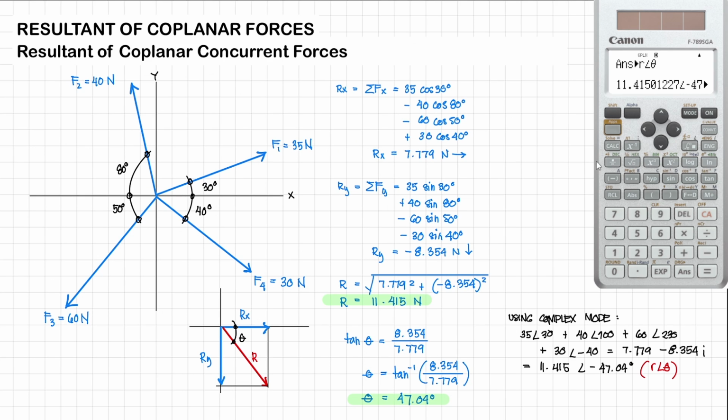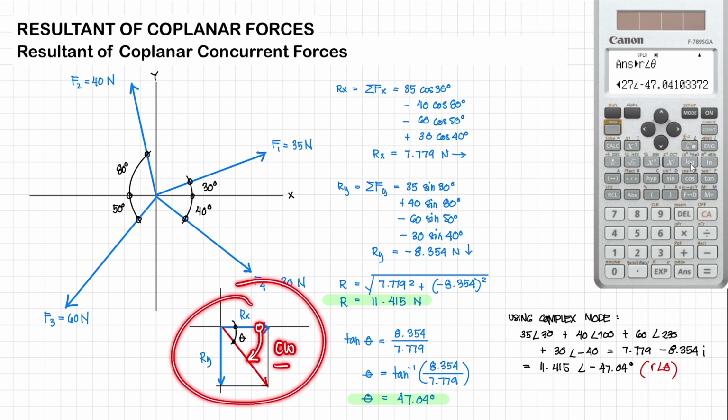And what we get is the resultant, 11.415, and its angle of inclination, negative 47.041. You notice from our figure, we're measuring angle theta clockwise. That means it's negative. That's why what you can see in your calculators is negative.